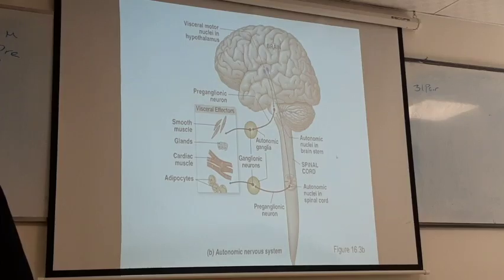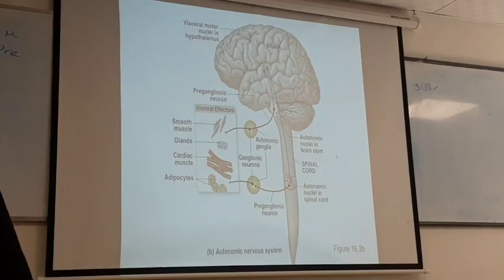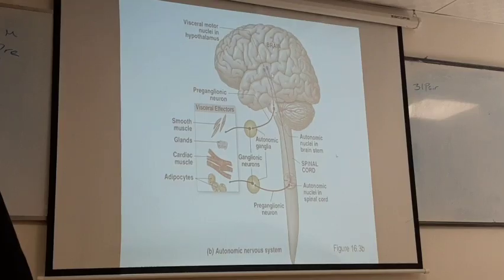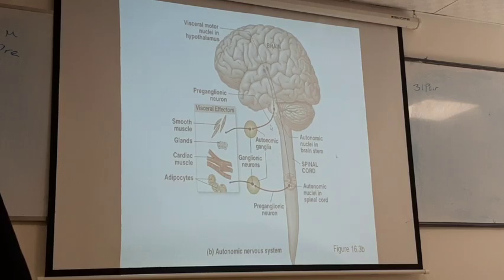This region is for visceral, for sympathetic and parasympathetic: neuron 1 in the hypothalamus, neuron 2 in these regions, autonomic, and goes to the preganglionic neurons after the spinal cord.